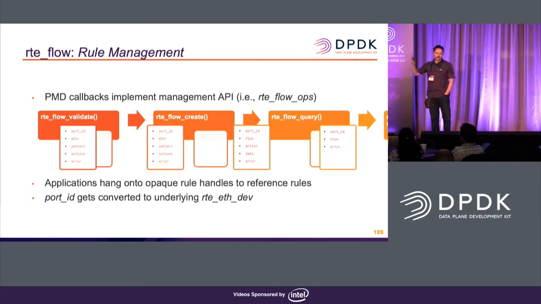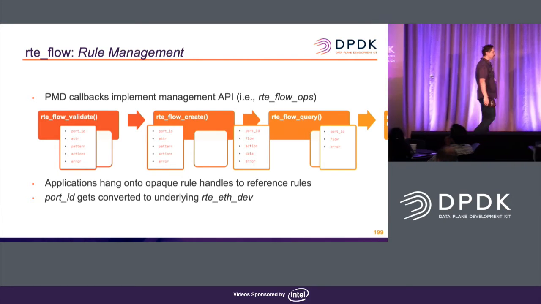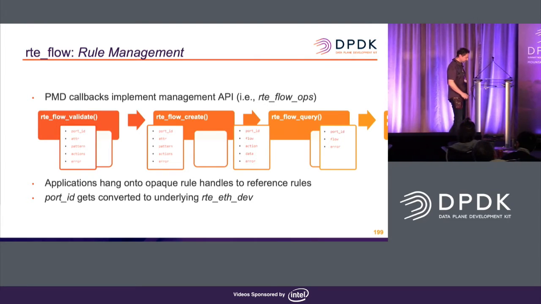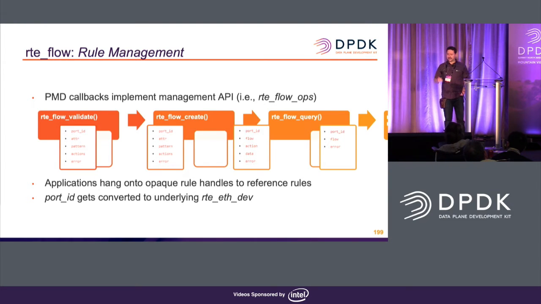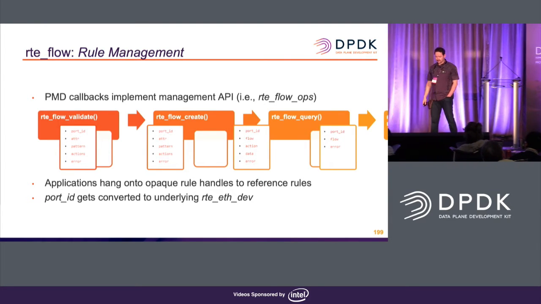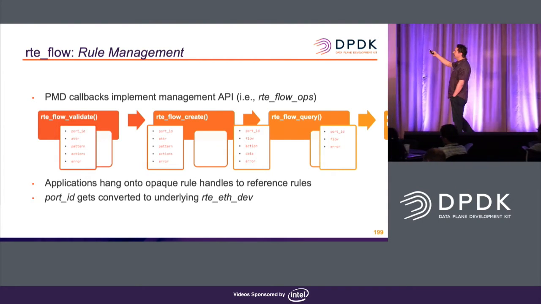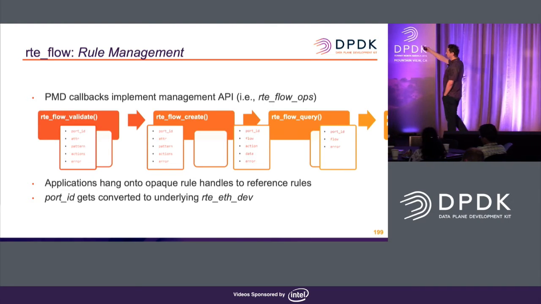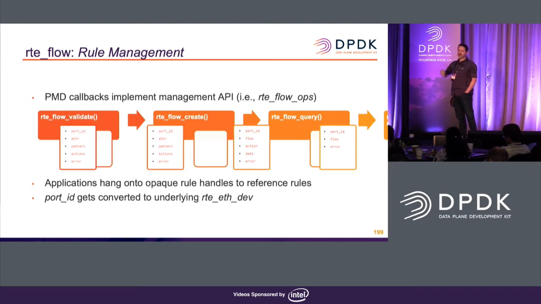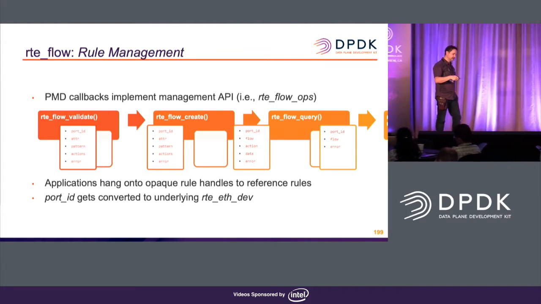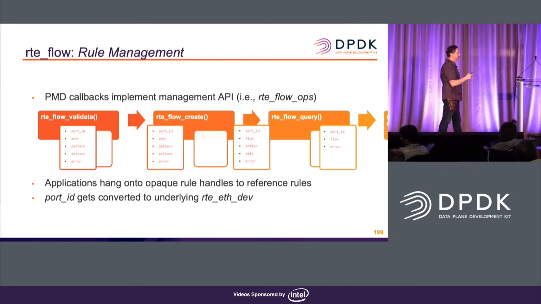And the one that got concatenated at the end is destroying the rules and also flushing all of the rules associated with a given port. Applications would be using the opaque rule handles as a reference to those rules, and the port ID that was referenced in all these APIs gets somewhat magically converted to the underlying ETH device that we're operating on.